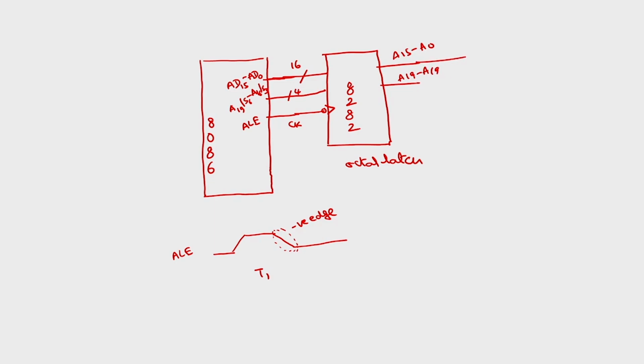So this total 20 bits of the address bus is latched onto the output. This output will remain there, these 20 address bits, until the next clock cycle where the address latch enable goes from high to low.